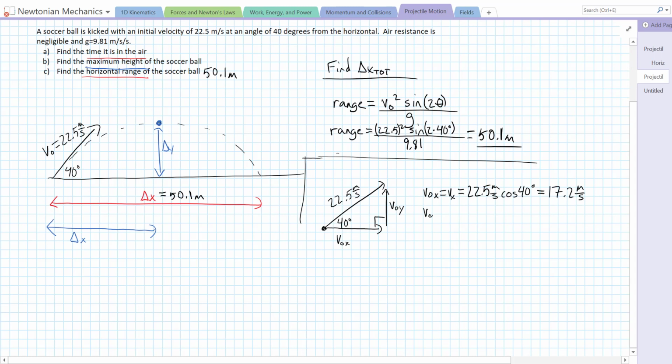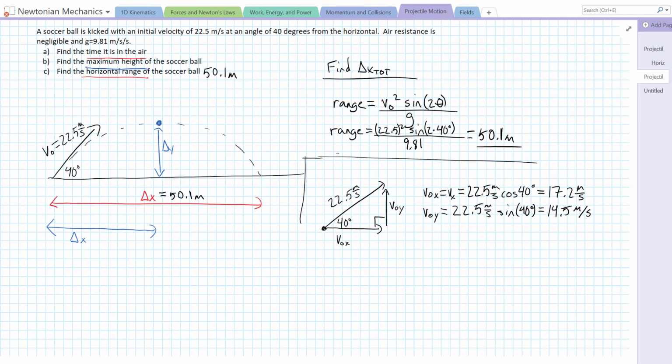V naught y is going to be 22.5 meters per second times sine of 40 degrees, and our calculator gives us 14.5 meters per second.